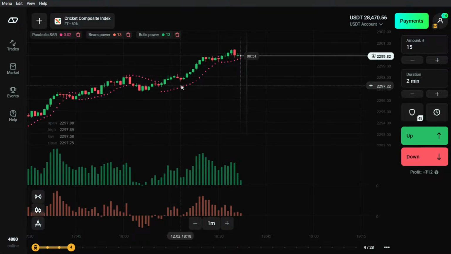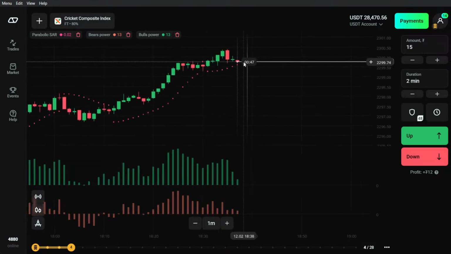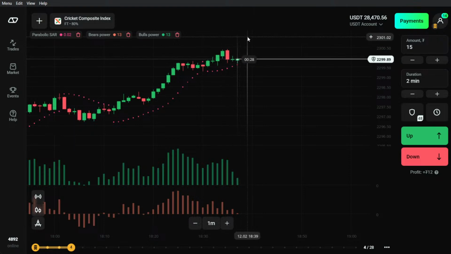Do you see an uptrend is about to end and the next candle that is forming is red. If you see the bear power is trying to go below the zero line, that means it's showing that the trend is going downwards. Here what will happen is, once this bear power shifts below the zero line, maybe in the next candle the parabolic will also shift above the candle and then you can make a trade.